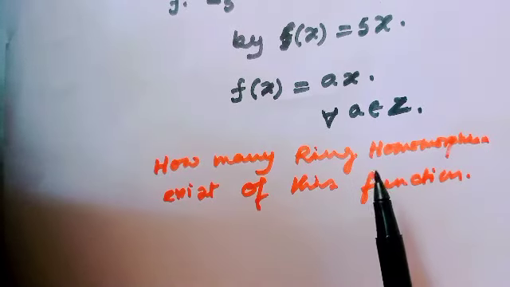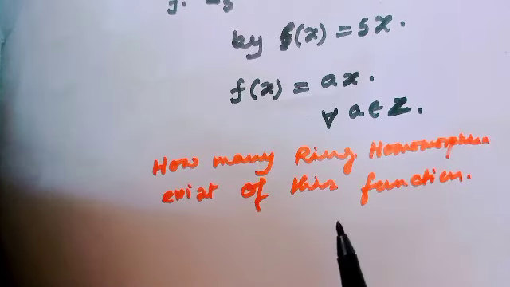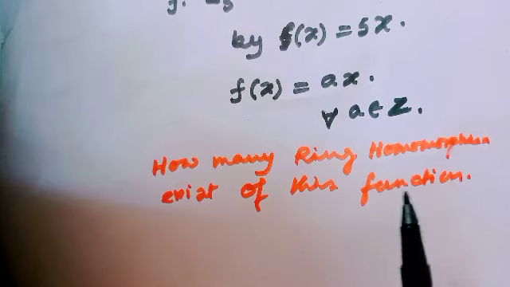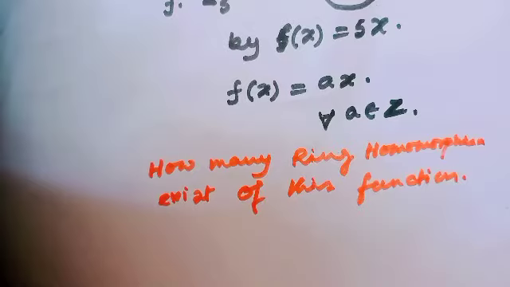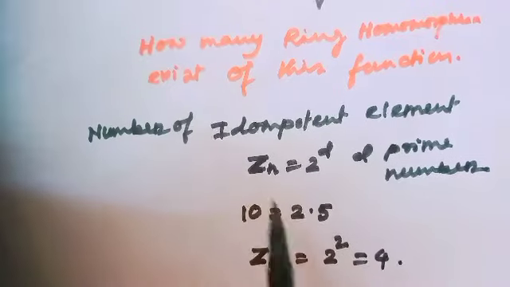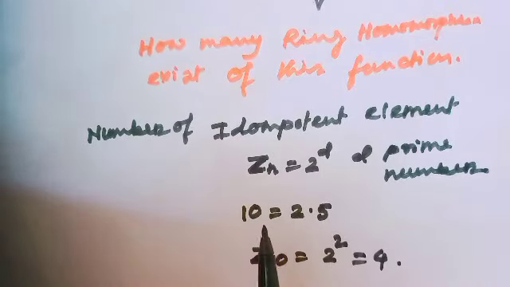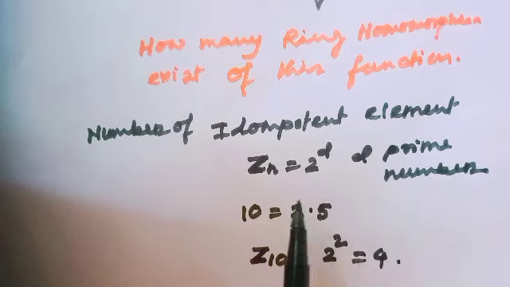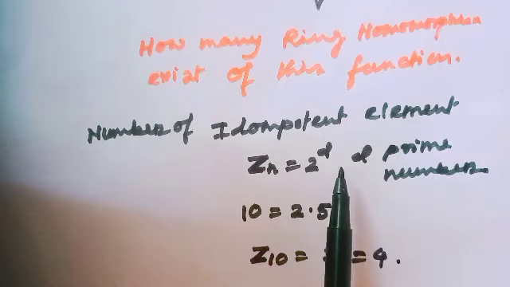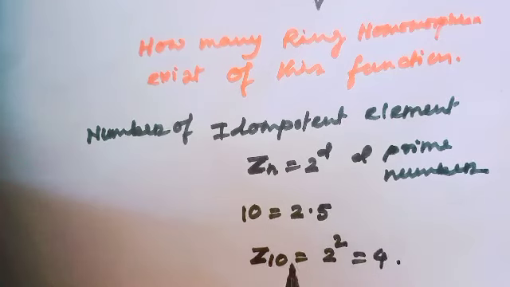We can easily tell by idempotent elements. At first, check the idempotent elements of Z10. And we saw in my earlier video, the number of idempotent elements in Zn equals 2 to the power d, where d is the number of distinct prime divisors.